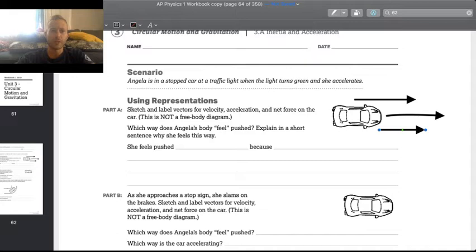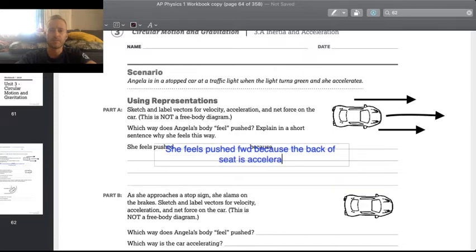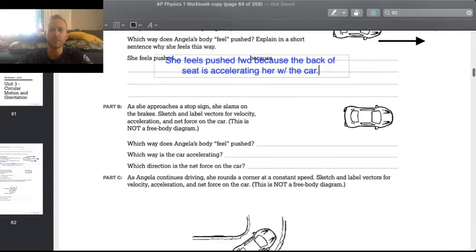So I would say she feels pushed forward, because the back of the seat is accelerating her with the car. As she approaches a stop sign, she slams on the brakes.